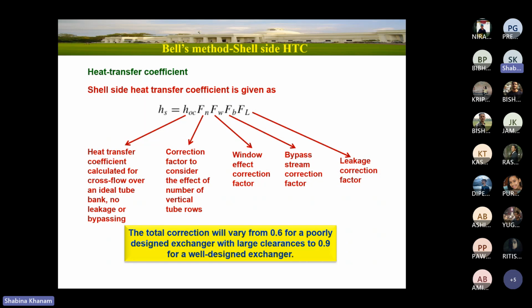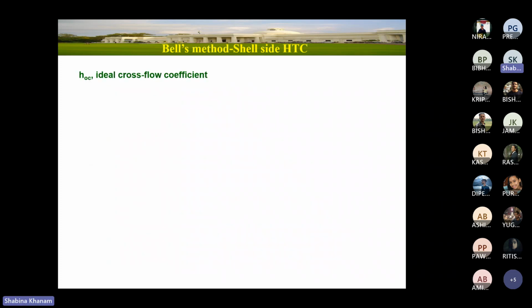So we need to keep all these parameters towards 0.9. So let's start with HOC and how to count the other parameters.